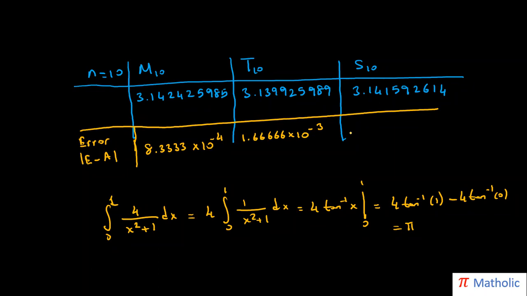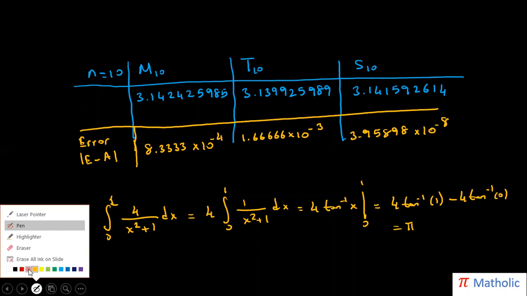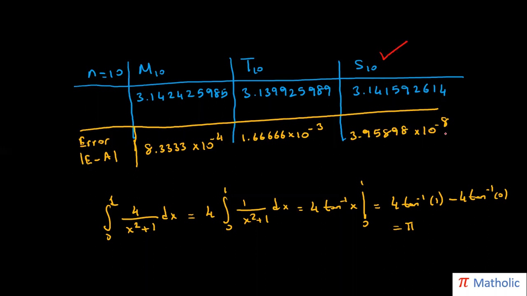Then for the last one, you will get 3.95898 times 10 to the power negative 8. So this negative 8 means the error is that much smaller, right? So the best one is the third one, Simpson's. The error here is less than the other two.